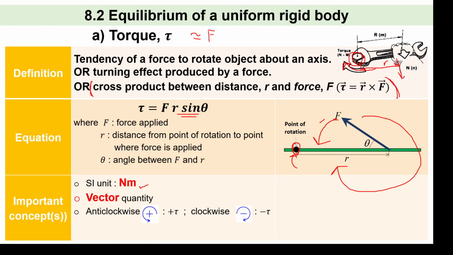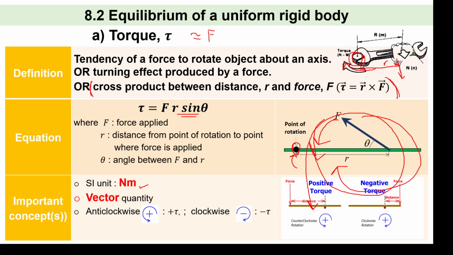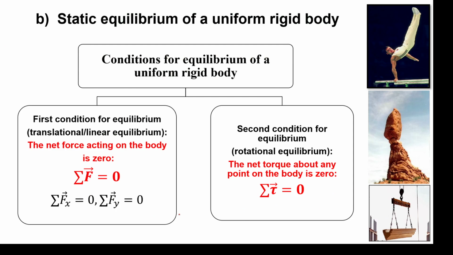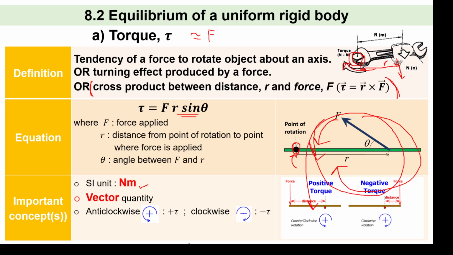It moves this way because it is shorter; it does not move the other way because that would take longer. So it would move here in an anti-clockwise direction, and when it's anti-clockwise, the torque is positive. So: positive torque if it's anti-clockwise, negative torque if it's clockwise.